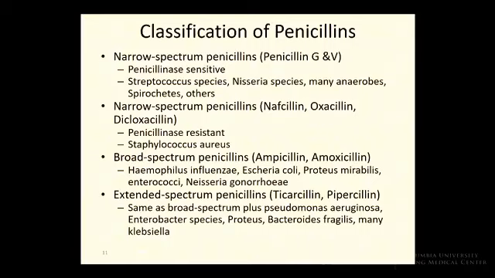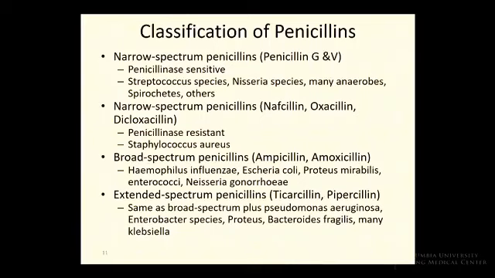And so these narrow-spectrum penicillins that are penicillinase-resistant are frequently go-to drugs, first-line drugs for Staph aureus infections, okay? Which are a common cause of these. When you have something like a tooth pulled and it gets infected, it's likely Staph aureus that's infected it. Okay? And then the next step in terms of these penicillins is a broad spectrum.